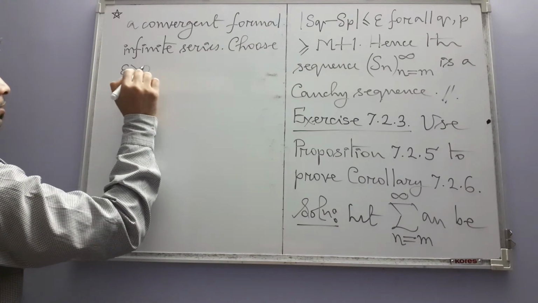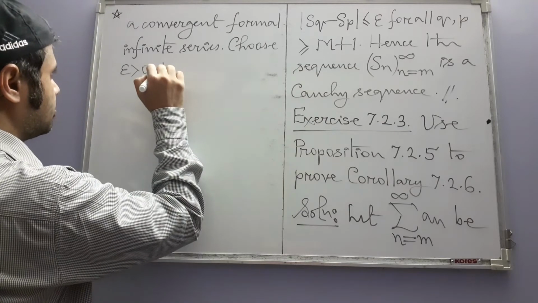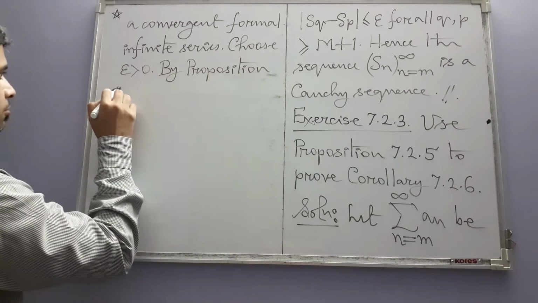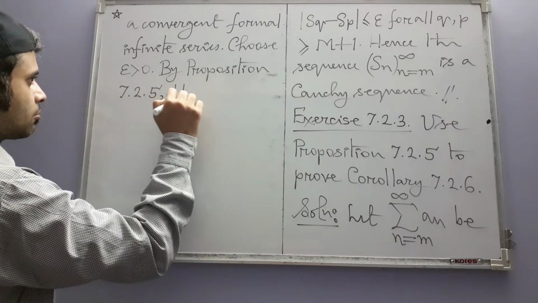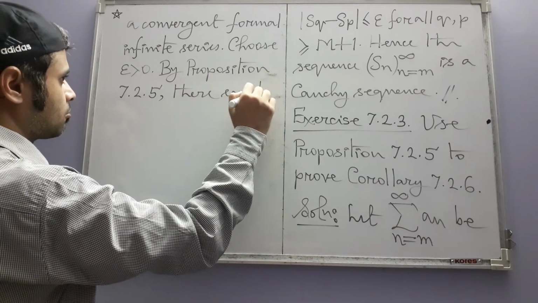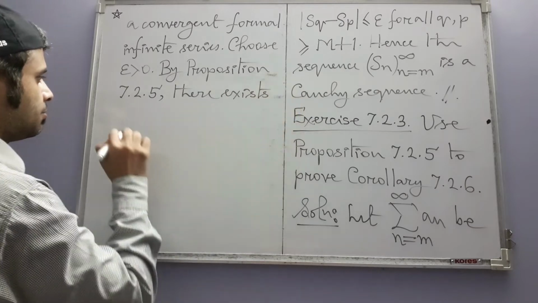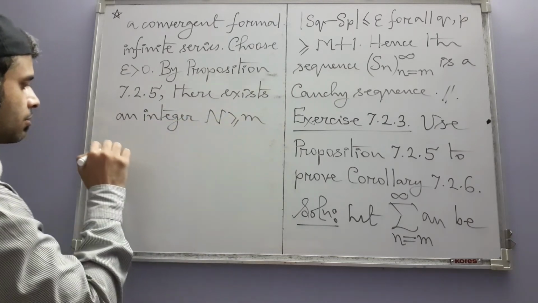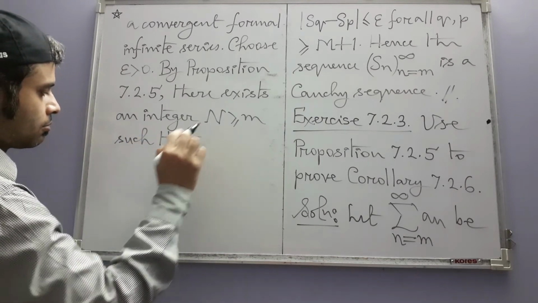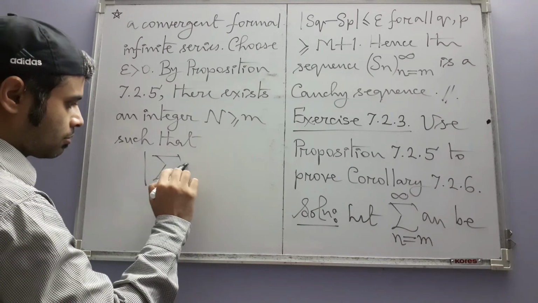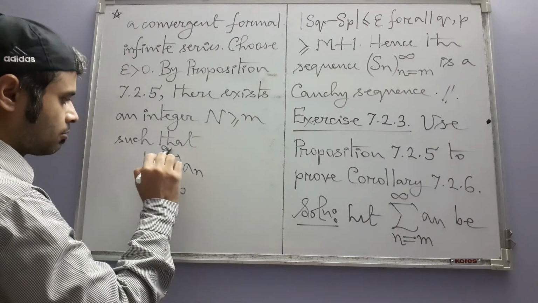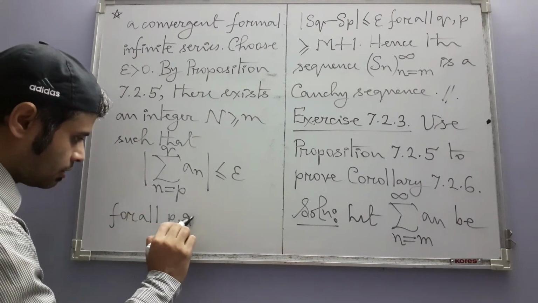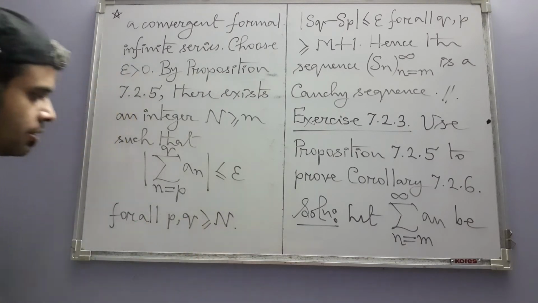Choose a positive real number epsilon. Then by our proposition, there exists an integer n such that the absolute value of this finite series is less than or equal to epsilon for all integers p and q greater than or equal to n.